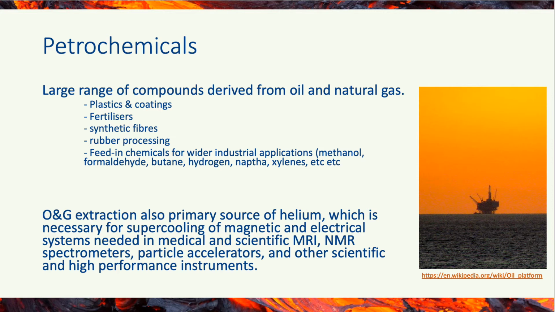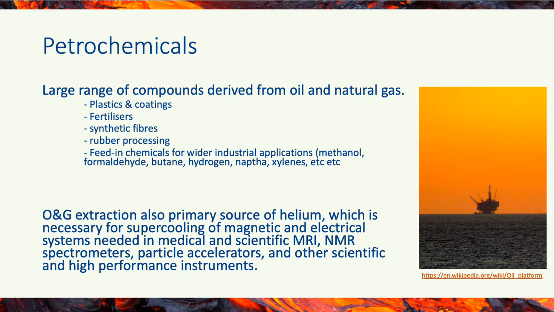So plastics, coatings, fertilizers, synthetic fibers, rubber processing, and lots of the feed-in chemicals for industrial applications all rely on the processing of oil and natural gas. So although we are seeing a reduction in oil and natural gas and hopefully eventually a move to fully renewable energy, oil and gas are still going to be required for industrial processes.